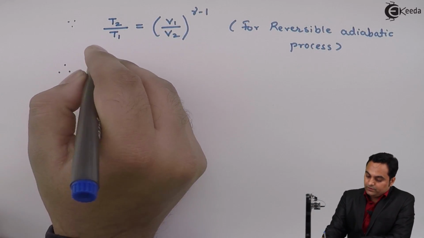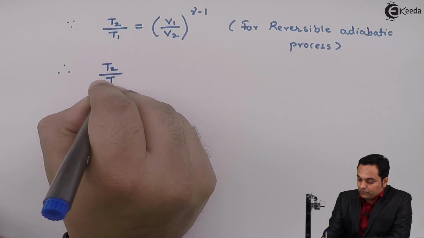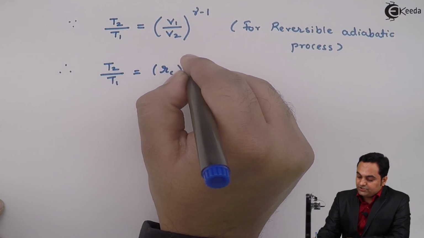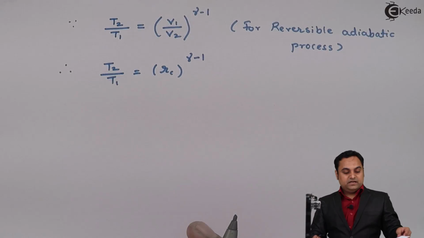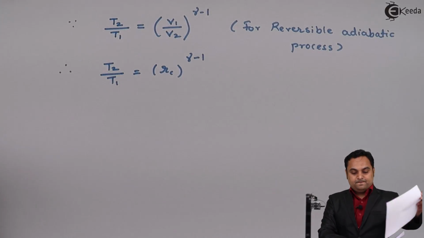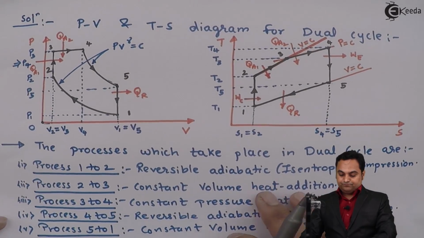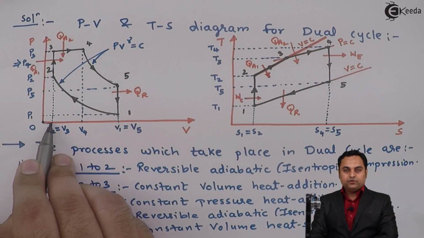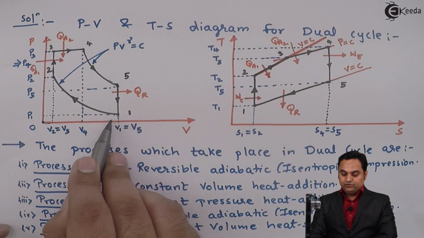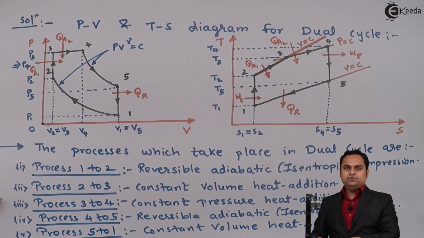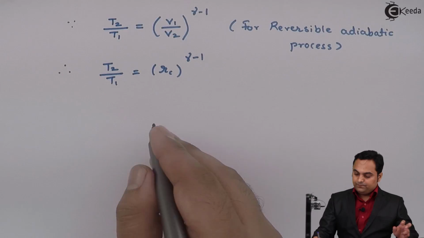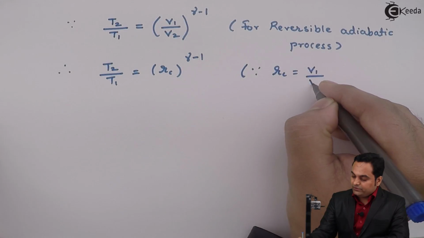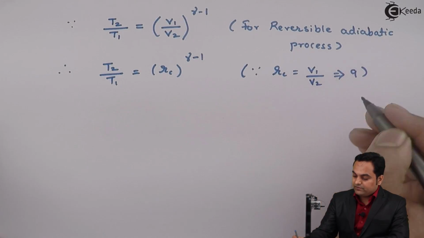So therefore T2 by T1 will be equal to, now V1 by V2 is nothing but RC, that is compression ratio. And why it is RC? Because if we look into the PV diagram, V1 is the cylinder volume and V2 is the clearance volume. So V1 divided by V2, cylinder volume divided by clearance volume, is equal to the compression ratio. So I'll write down, since RC is equal to V1 by V2 and the value is 9 given.